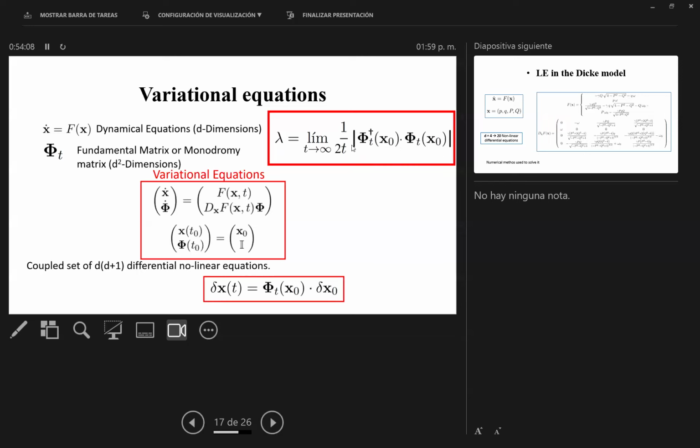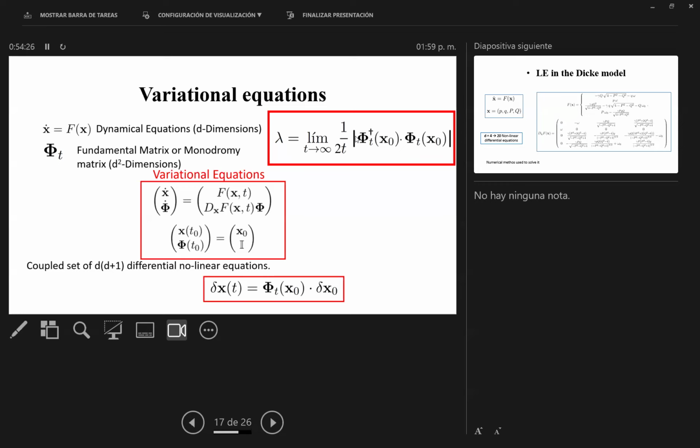This information comes from this product. I use only the norm because I'm interested only in the biggest one. But in general, we have four dimensions, and at the same time four directions that are explained by the Lyapunov spectrum.